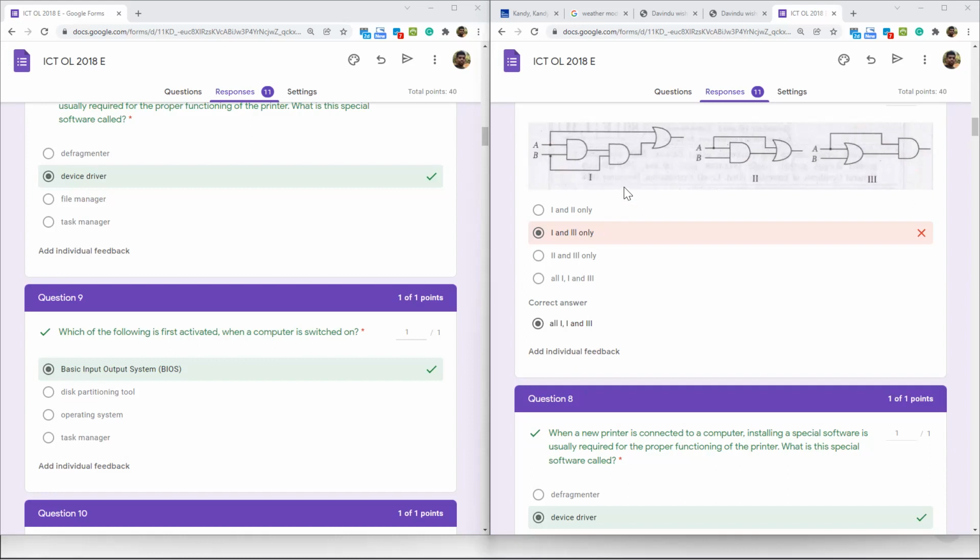So we have A dot B dot B from one side, and the other side we have A. So the first one is A dot B dot B plus A. That's all.